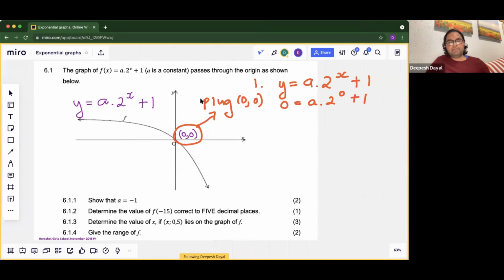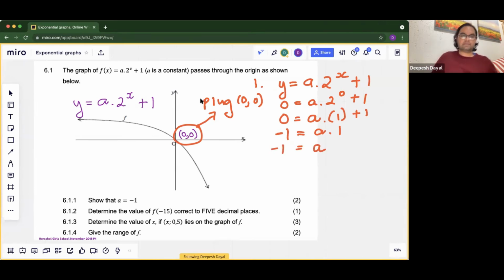And Marilyn, also, you plug in 0 and 0. Remember, anything to the power 0 is 1. So 0 equals a times 1 plus 1. And then you take the 1 over. So -1 equals a dot 1. So therefore, a equals -1 over 1, which is -1.